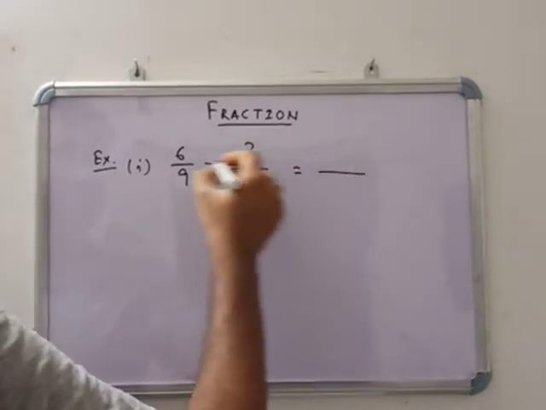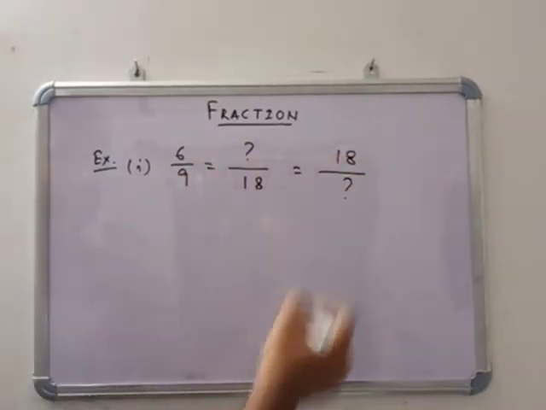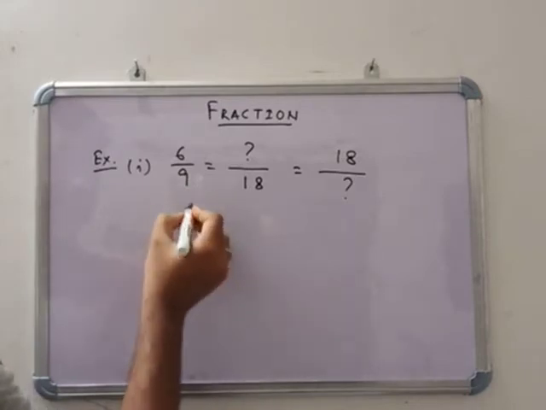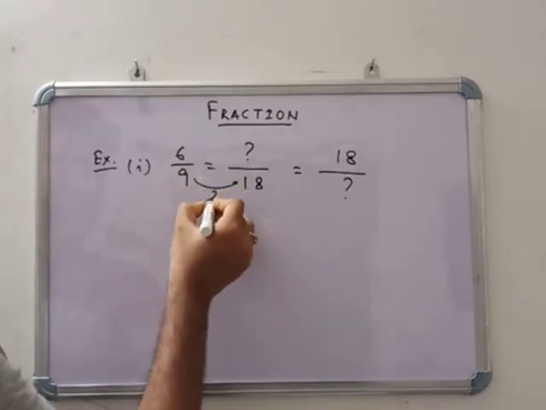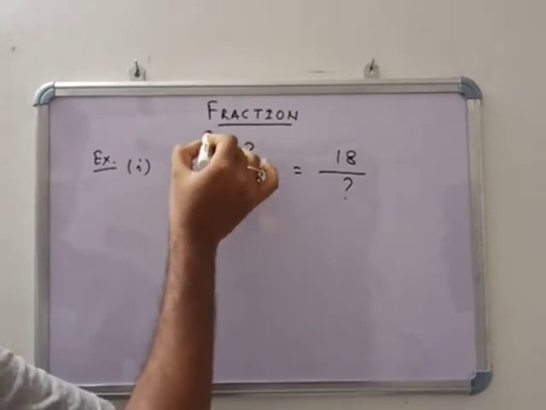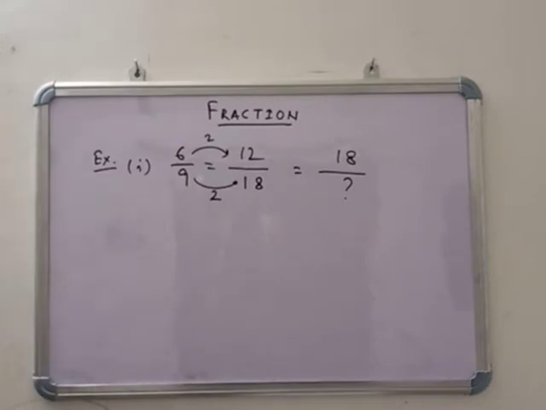Also, this can be written as this by 18. These types of questions come. See that 9 to 18 means multiplying by 2. Then you have to multiply the other by 2 also. That means this is 12. So 12 by 18 is the equivalent fraction of 6 by 9.